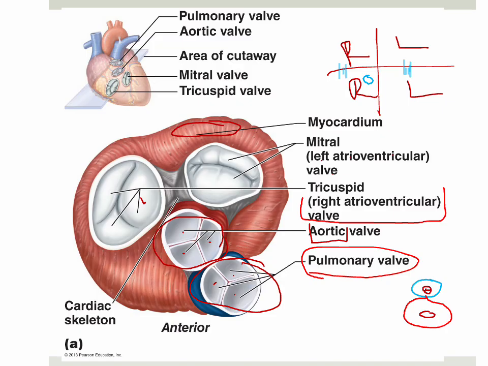So blood is coming from the lungs to the left atrium, to the left ventricle, and this is where our friend, the aortic valve, is going to be present to go from the left ventricle to the aorta, right? And then to the body. Okay? And you can see it here. Tricuspid, mitral, aortic valve, pulmonary valve. Okay?